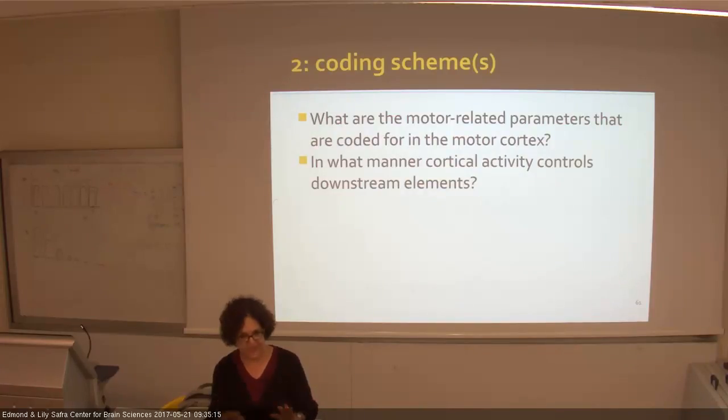So I have to be careful here. But in a sense, the classical work suggests that other areas of the motor cortex take over, the spared part of the arm takes over the lost part.